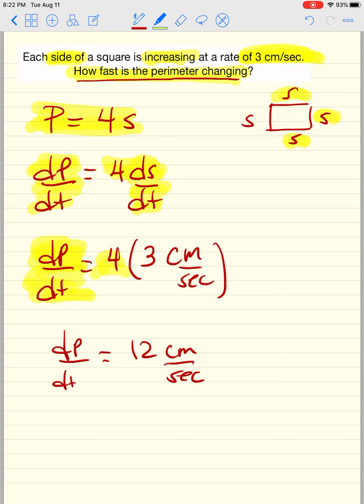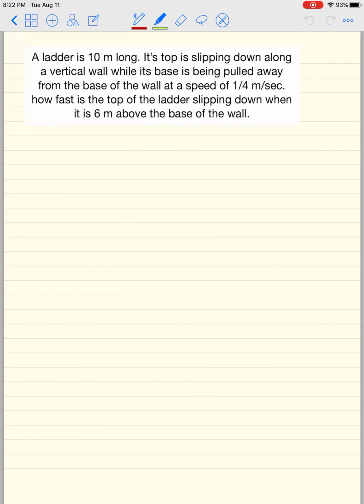I know 4 is a constant. They told me in the stem of the problem that ds/dt is 3, and therefore it's 12 centimeters per second. So if I went too fast, just pause the video, reread the problem, and do that with all my videos.